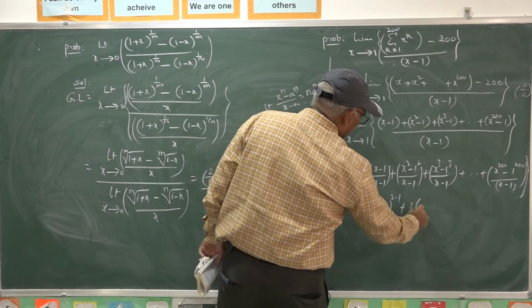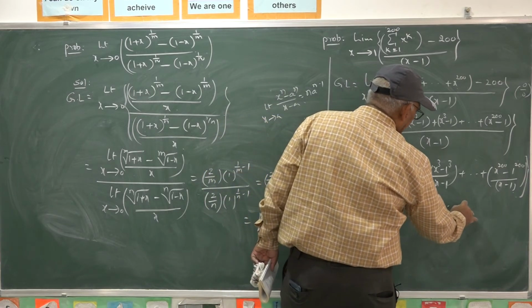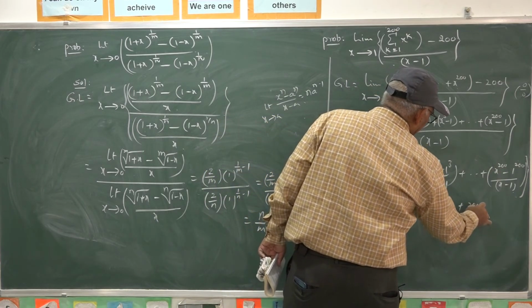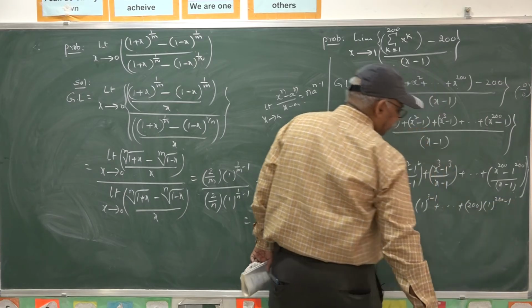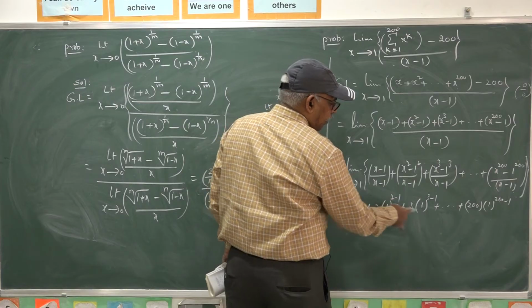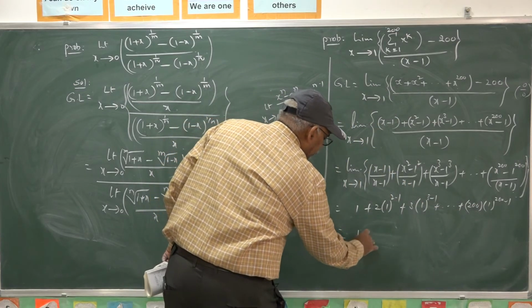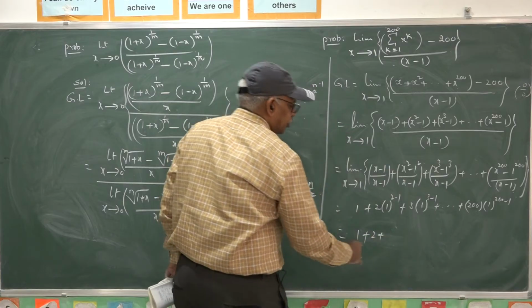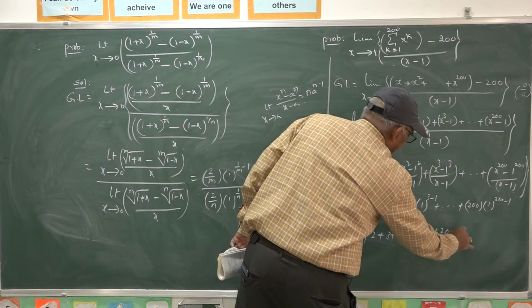Similarly, here 3 into 1 power 3 minus 1. Like that, here we get 200 into 1 power 200 minus 1. 1 power 1, 1 square, 1 cube, these all become 1s. So, we get 1 plus 2 plus 3 plus 4, like that until we get 200.